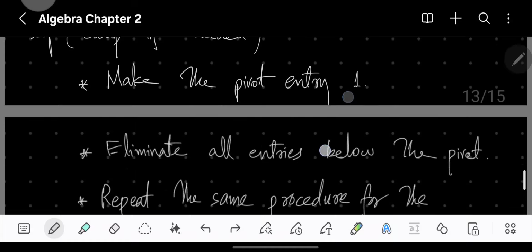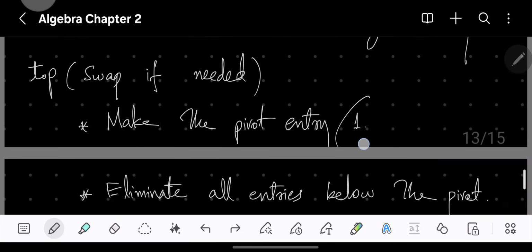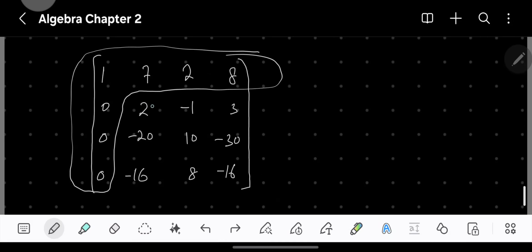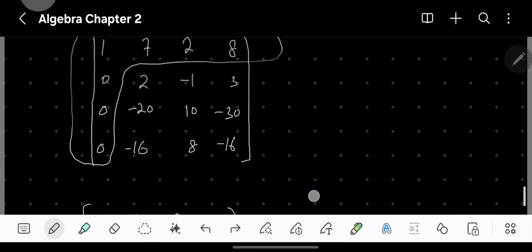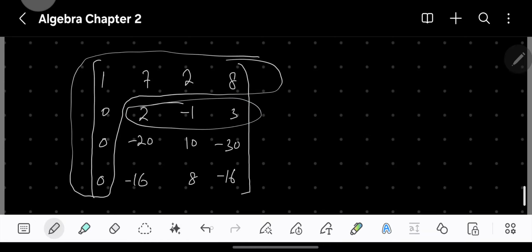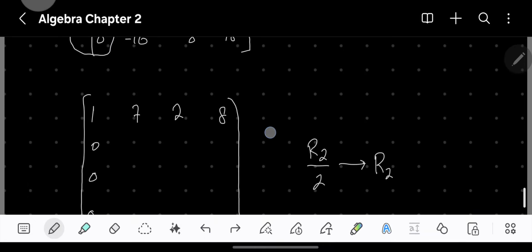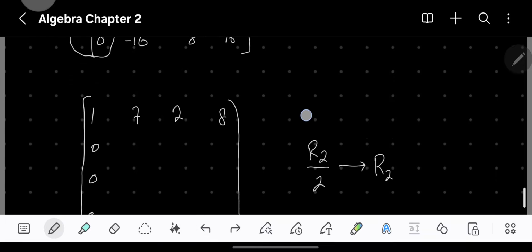The next step is to make the pivot entry 1. How can we make this 1? The only possibility is to divide this row by 2. So I will write R2 divided by 2. My new R2 is R2 divided by 2. If I divide 0 by 2, I get the same, so I have already written 0.